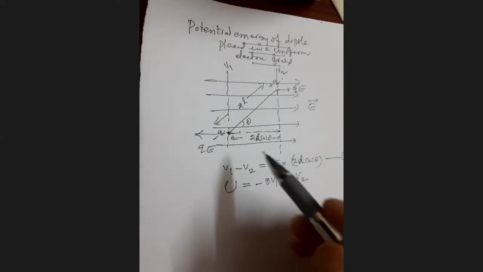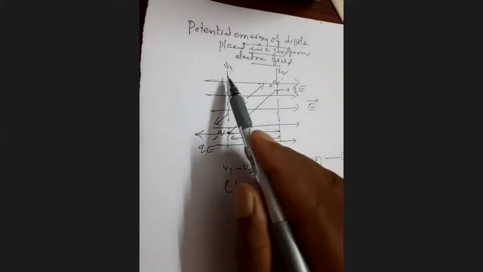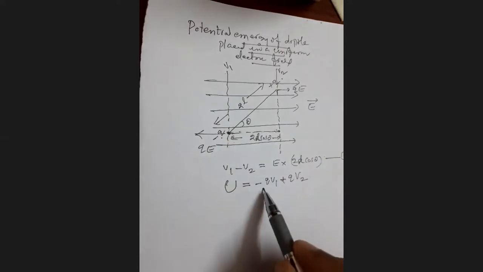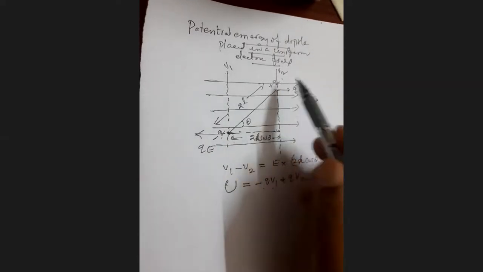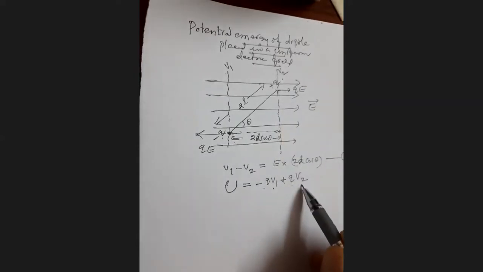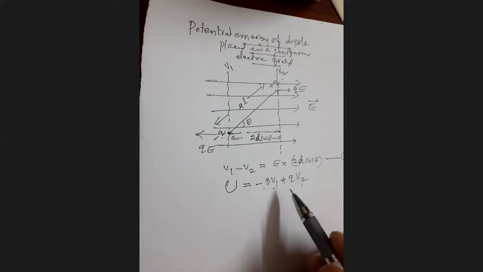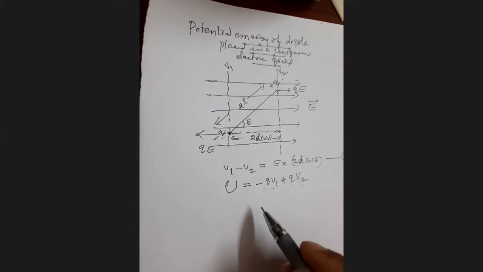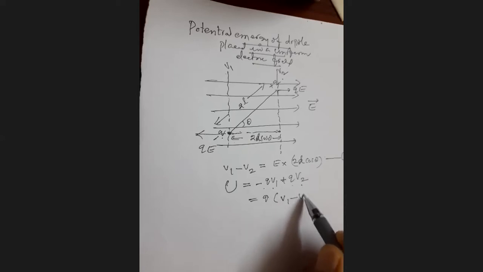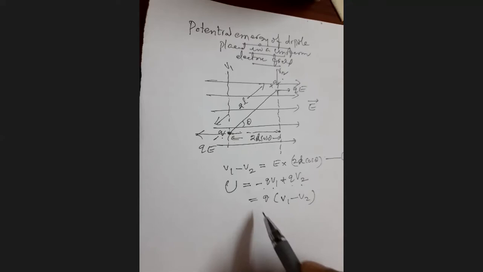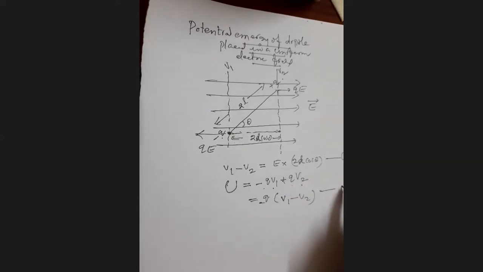In other words, to keep minus Q charge at the potential V1, minus QV1 work is required, and to keep the plus Q charge at the potential V2, QV2 work is required. So U equals minus QV1 plus QV2, which equals Q into V1 minus V2 by taking minus common. Say this is equation 2.